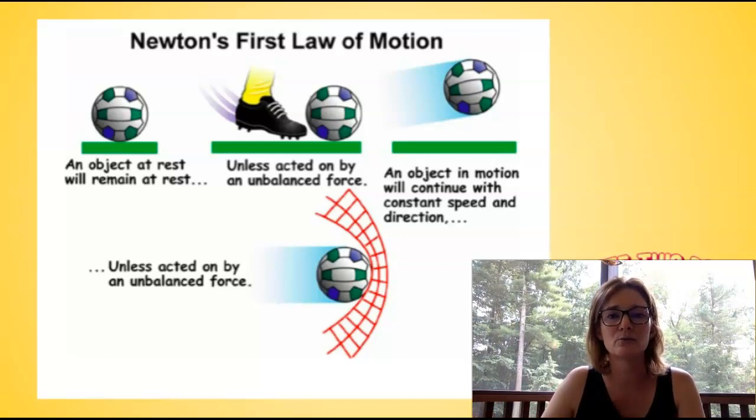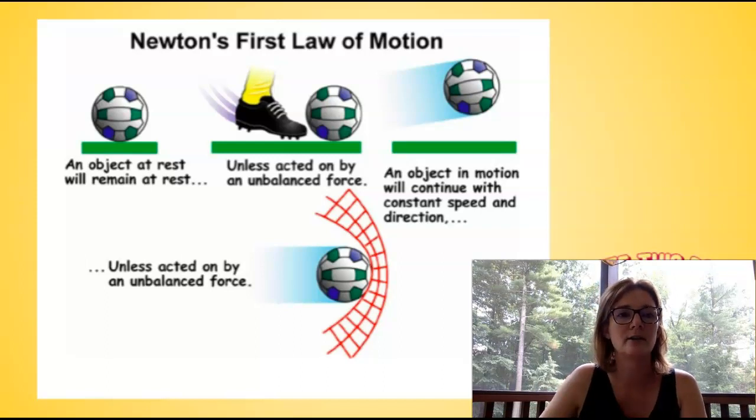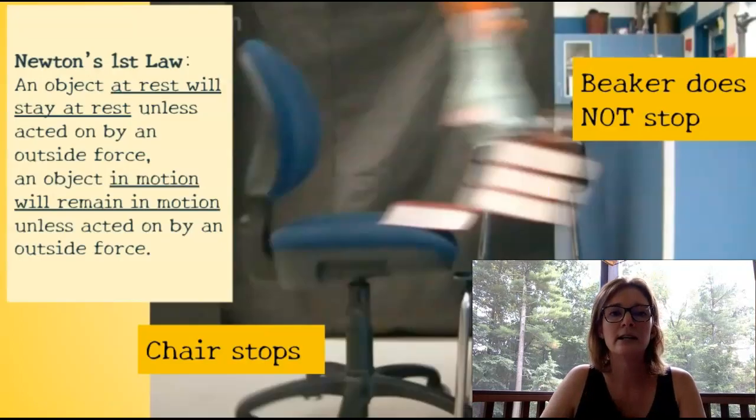Reading through what this says: an object at rest will remain at rest unless acted on by an unbalanced force, and an object in motion will continue in motion, at constant speed and direction, unless acted on by an unbalanced force. So let's go back again to our Beaker image. There is the law, and I forgot to mention that you definitely want to get this into your packet, so pause here if you need to write this down.